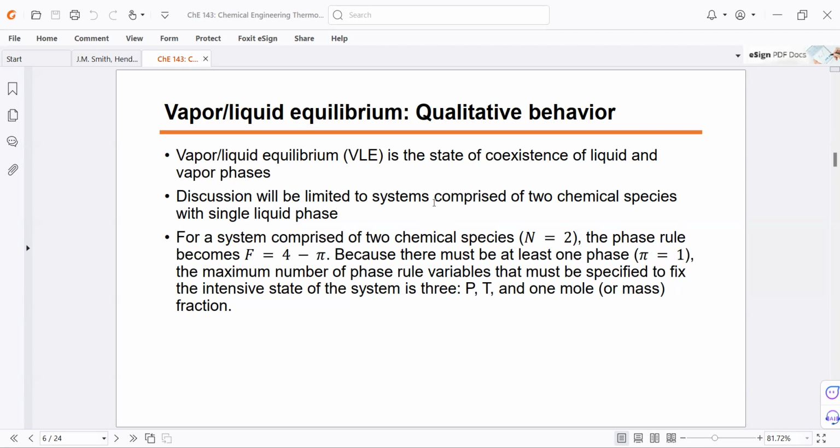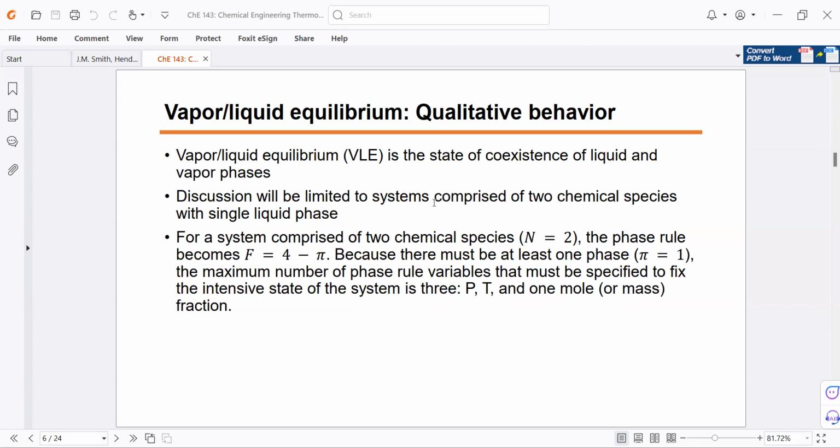Because of limitations in graphing, we limit our system to two chemical species with a single liquid phase. If we want to discuss more species, it will be very difficult to draw that visually. So for now, let's settle on two chemical species, or a binary system.